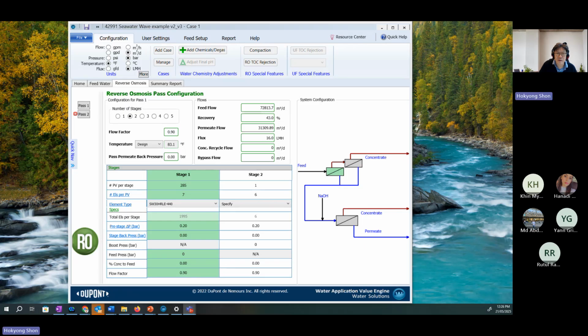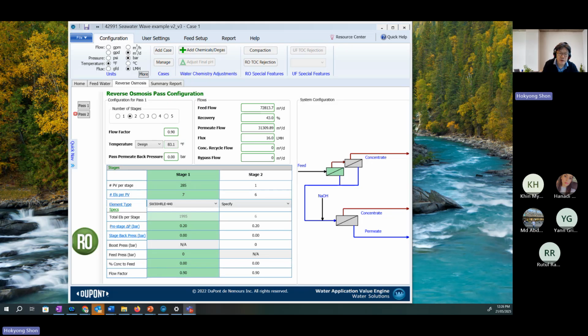You can draw from PowerPoint or some other drawing software, Visio or some other software you can utilize. So you can follow the diagram: seawater intake, then pH adjustment and chemical dose and chlorination, pre-treatment, dechlorination, reverse osmosis.